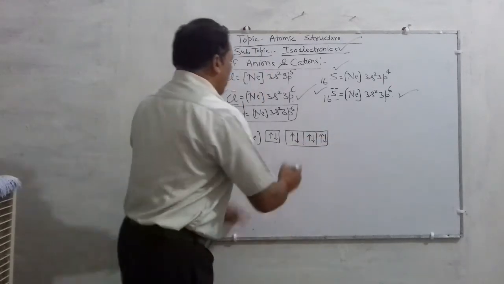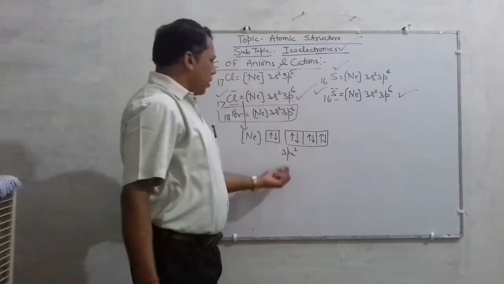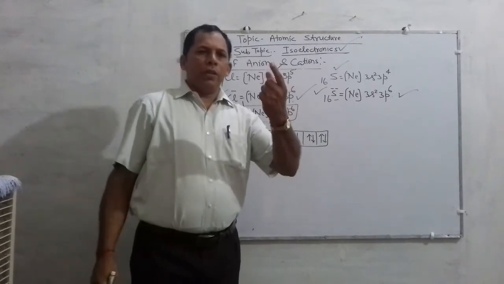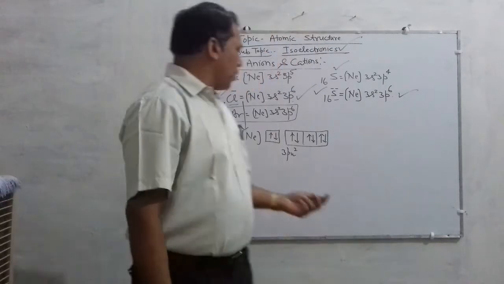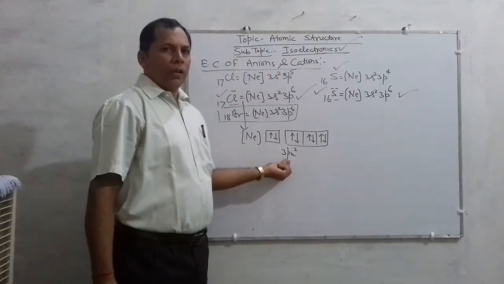So this may be written as what? 3px2. Some students read it as 3px square. No student, don't try to use such pronunciation. It is not 3px square.